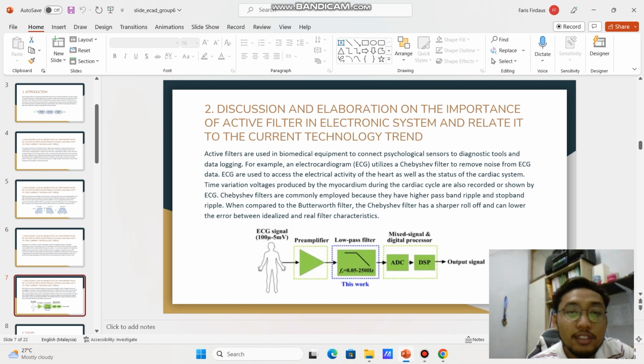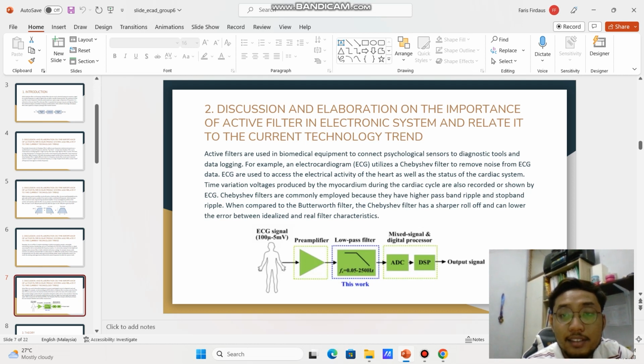Lastly, active filters are used in biomedical equipment to connect physiological sensors to diagnostic tools and data logging. For example, an electrocardiogram (ECG) utilizes a Chebyshev filter to remove noise from ECG data. ECGs are used to assess the electrical activity of the heart as well as the status of the cardiac system.